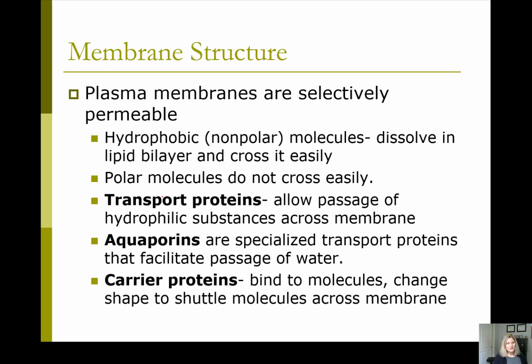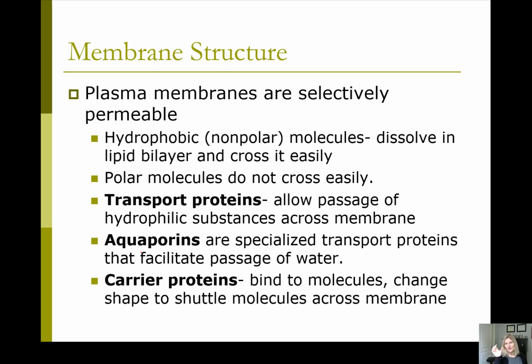In addition to nonpolar molecules like certain gases being able to cross through, for certain ions and other things we have those integral transport proteins that allow certain things to pass through the channel. So that's going to allow hydrophilic or polar substances, or larger substances, to cross the membrane.